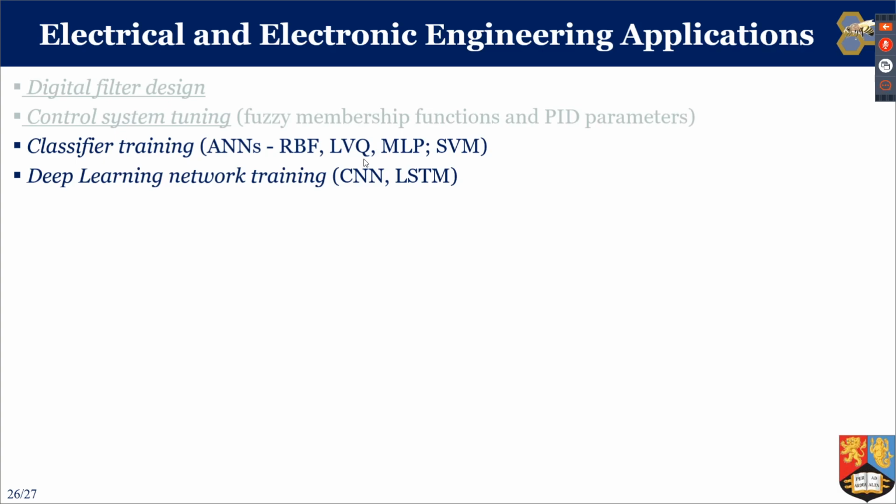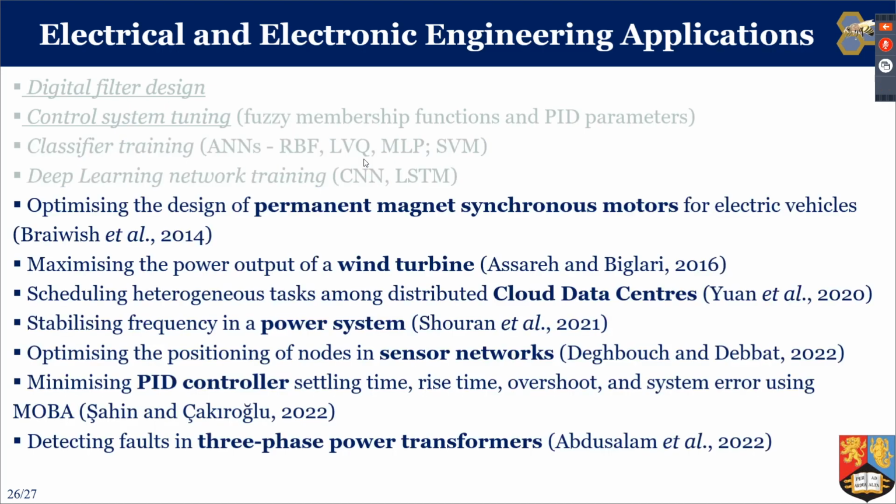They have been used to train even deep neural networks, again, to perform tasks in electronic engineering. Tasks such as optimizing the design of a motor, maximizing the power output of a wind turbine, and so on and so forth. So these are the various applications of the Bees algorithm in electrical and electronic engineering.